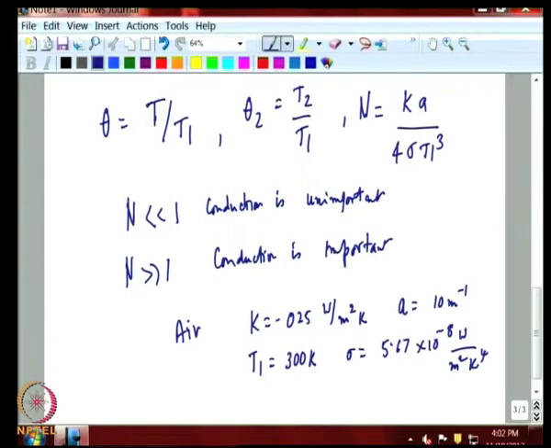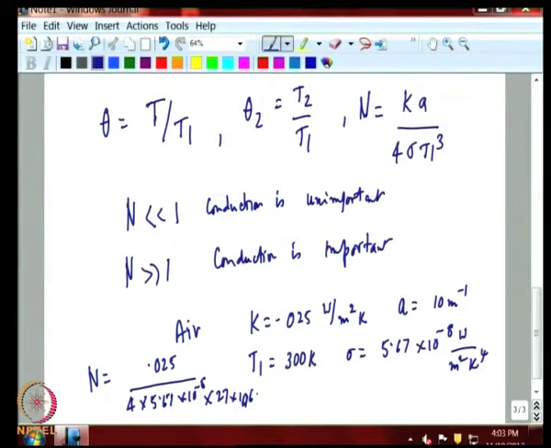So, this will give you an n value of the order of 0.25, that is 4 into 5.67 to the power of minus 8 into T1 cube, this will be 300 to the power of 3.